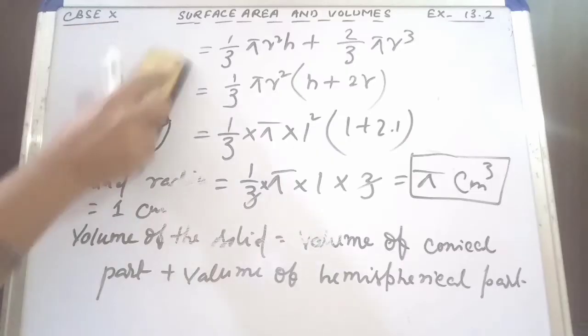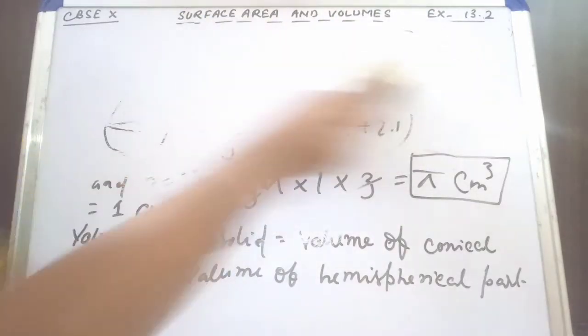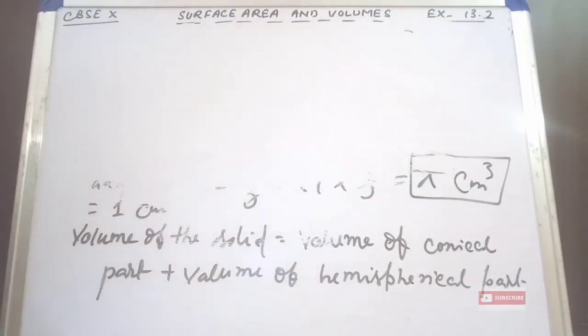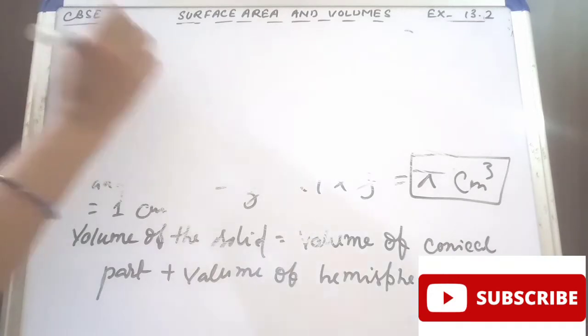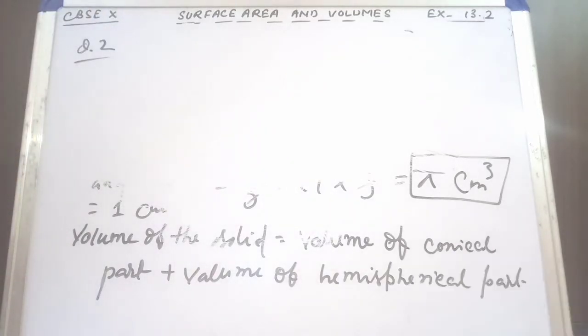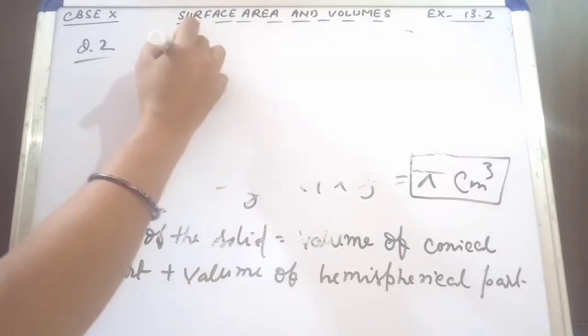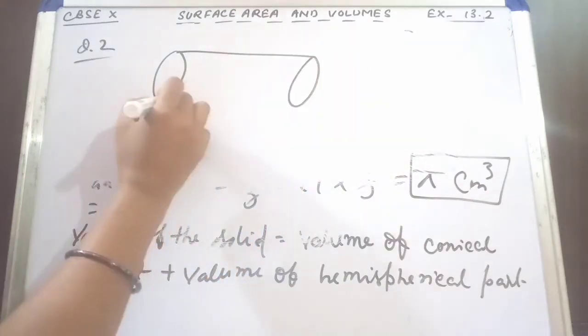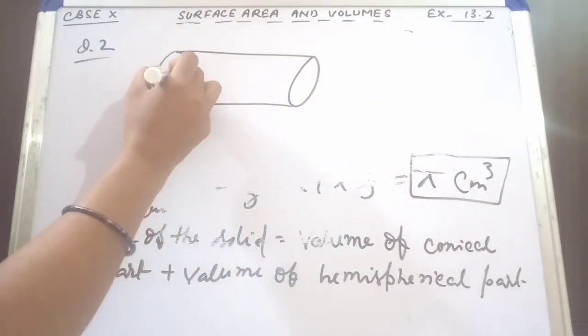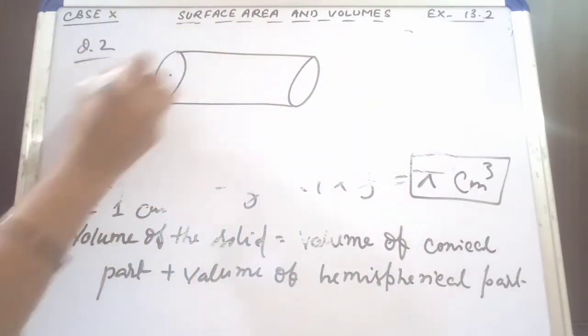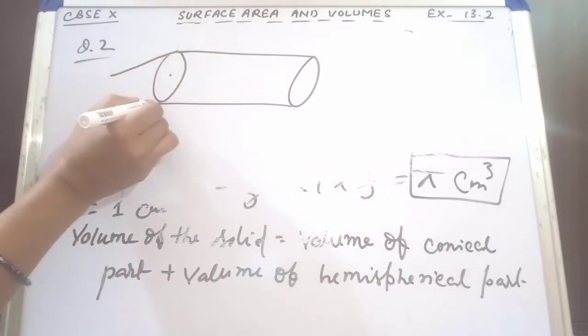So question number 2. They have told us an engineering student was asked to make a model shaped like a cylinder with two cones attached at its ends. Cylindrical shape and two cones like that.